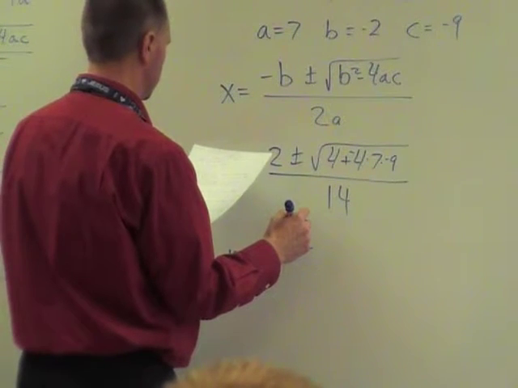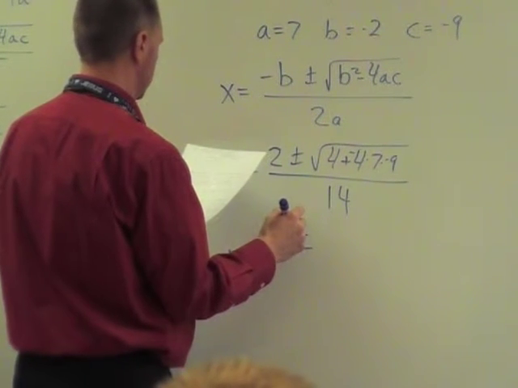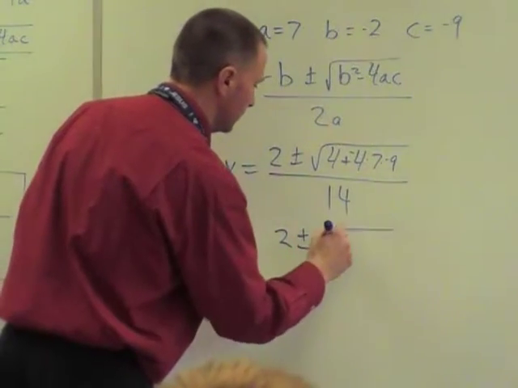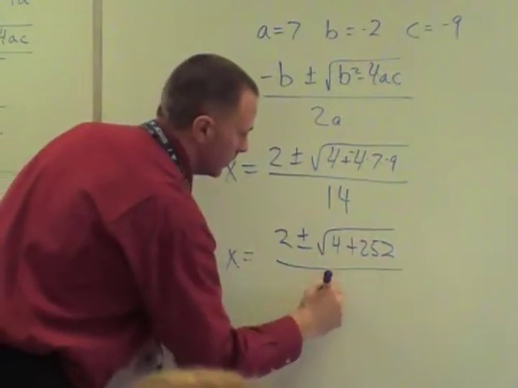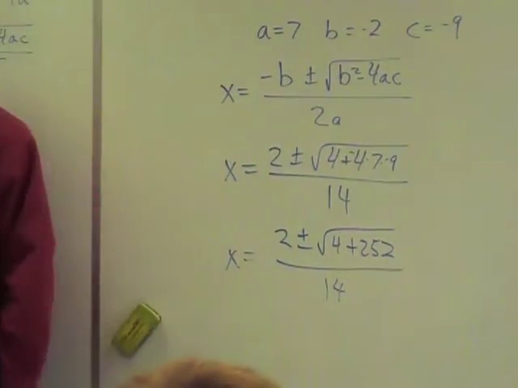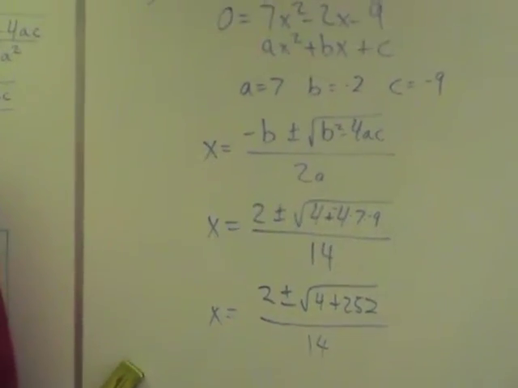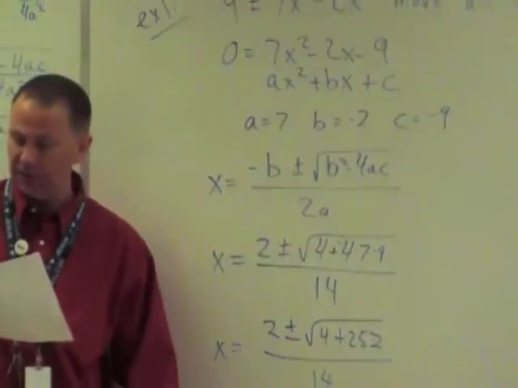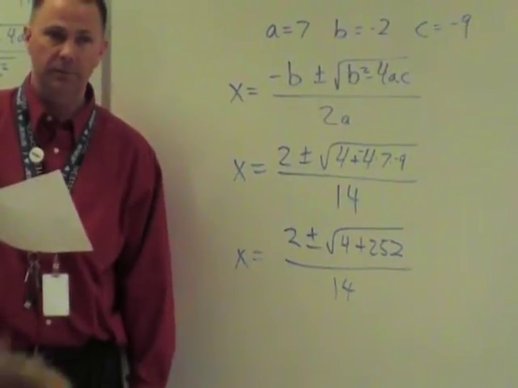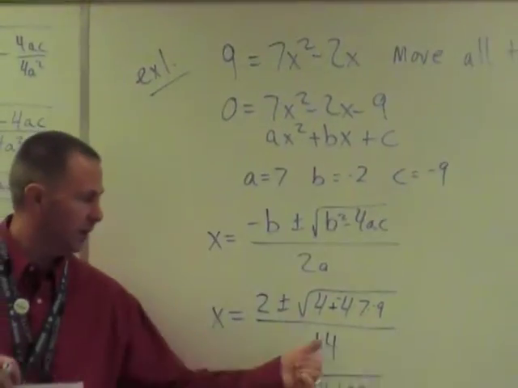Didn't you just say to add negative 4? They're different. Alright, is everybody with me now? 4 times 7 times 9, I got 252, is that right? Okay, now it's plus.